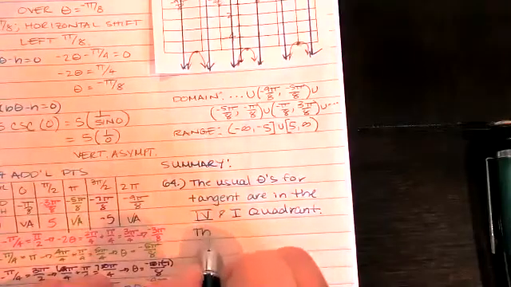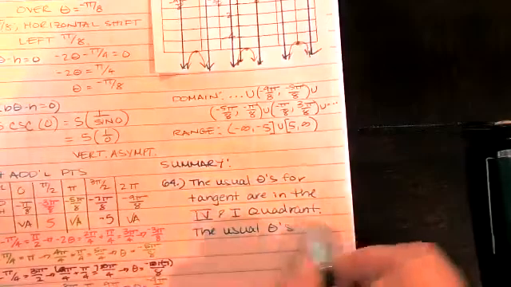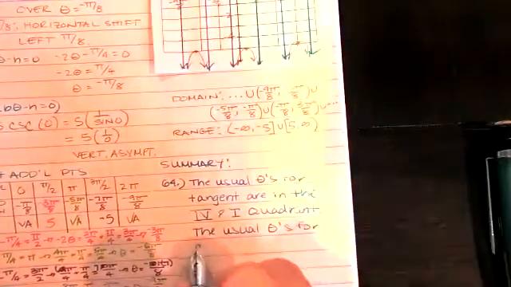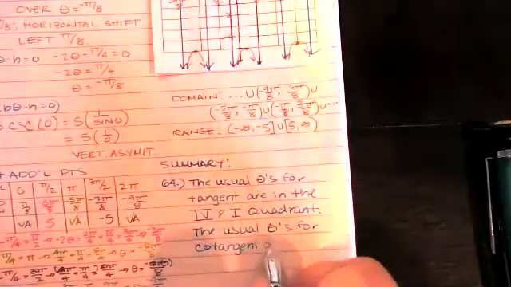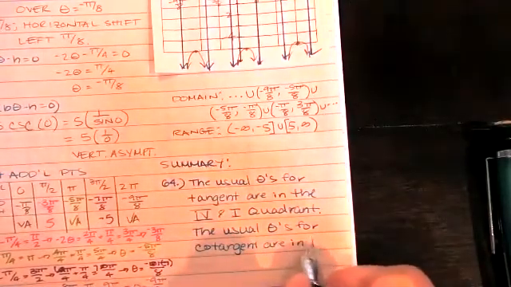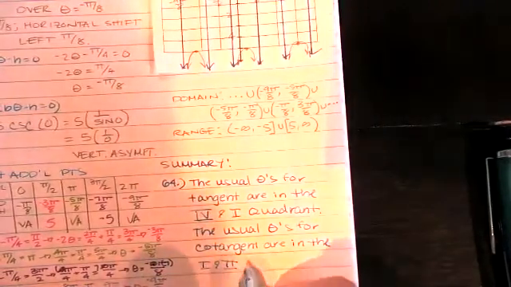The usual thetas for cotangent are in the first and second quadrant.